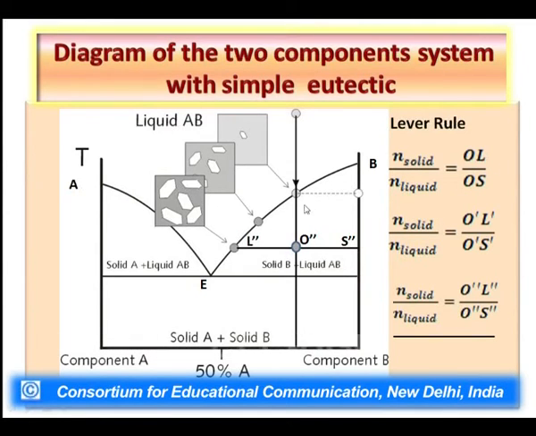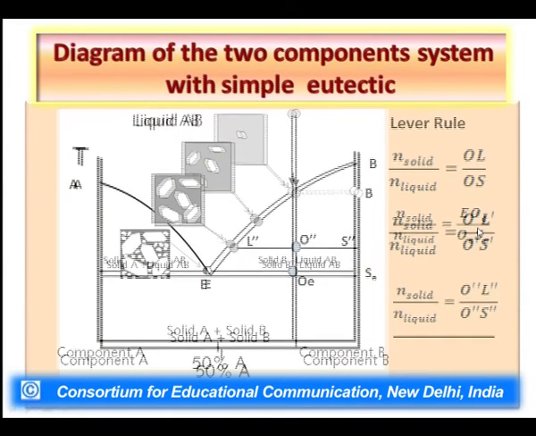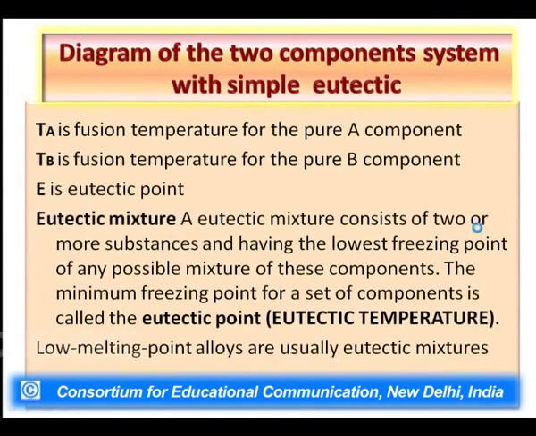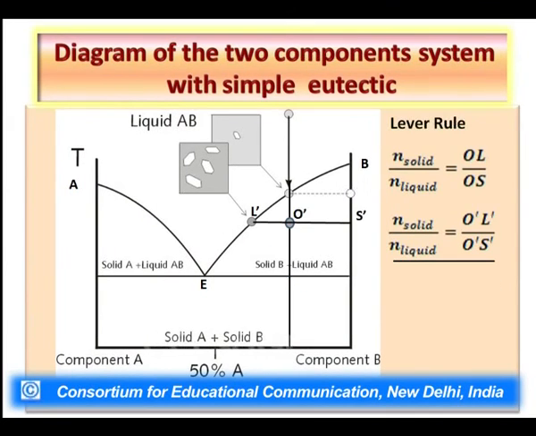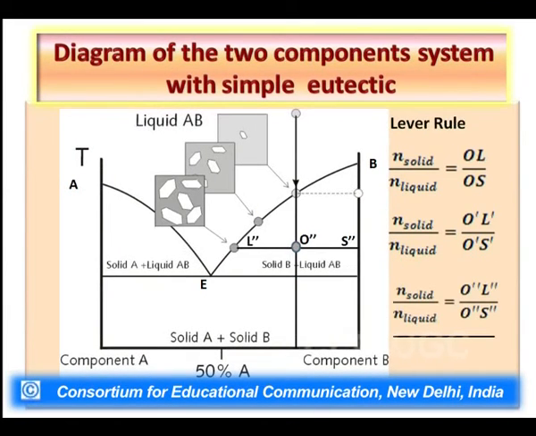When the overall state point is O dash, this ratio is equal to O dash L dash over O dash S dash, and when the overall state point is O double dash, then this ratio is represented by O double dash L double dash over O double dash S double dash.